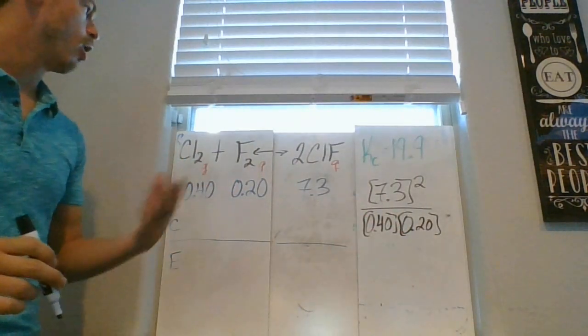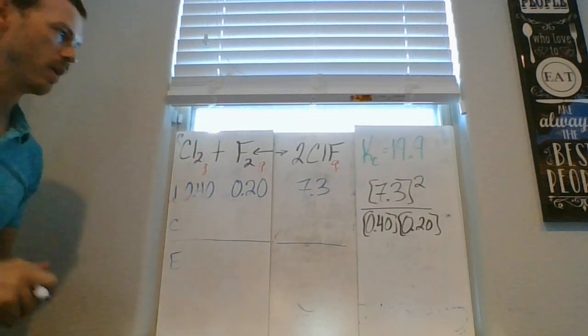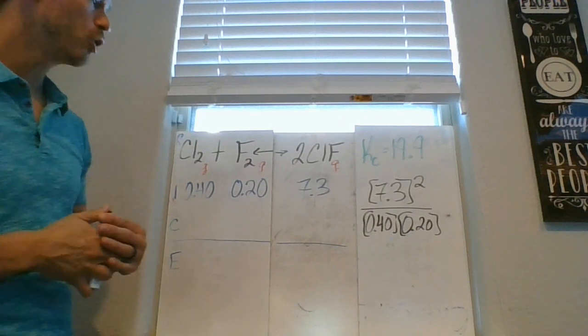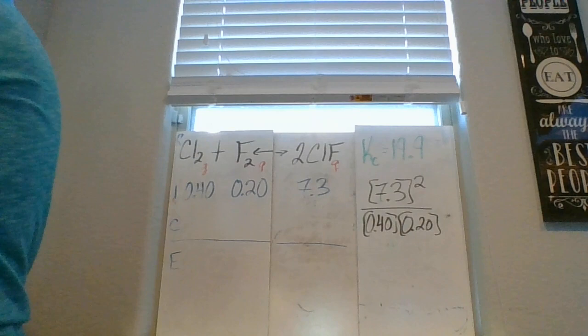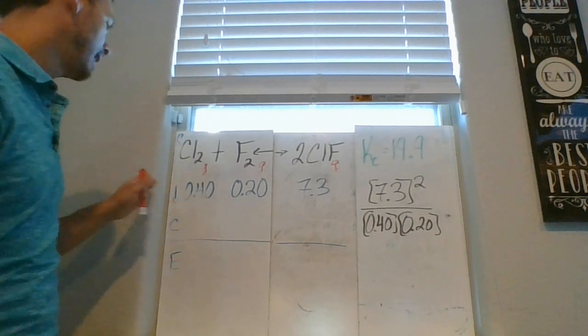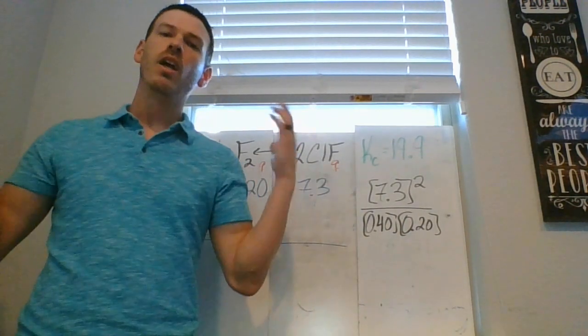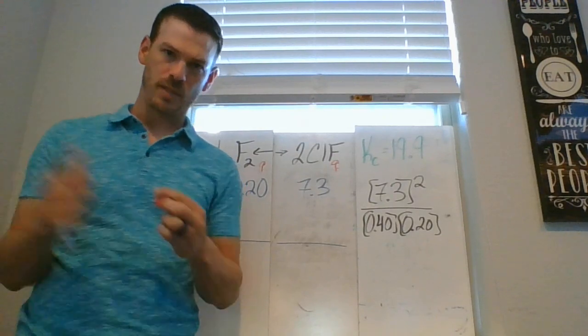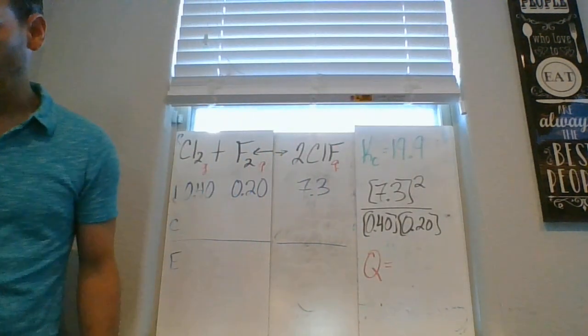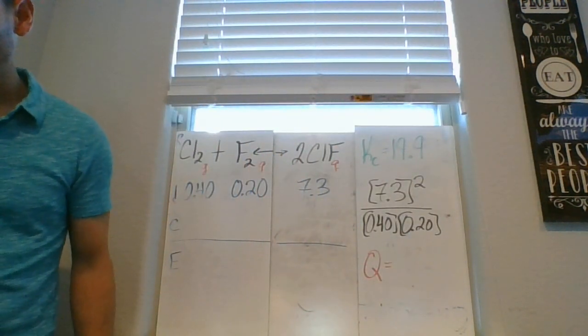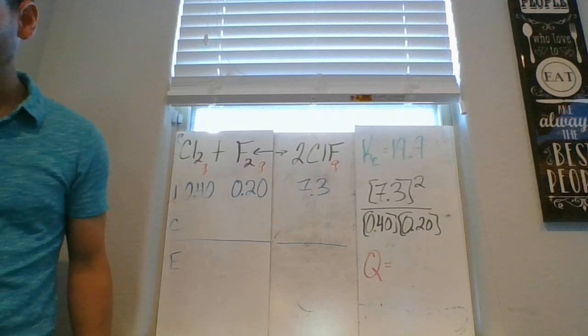Now, neither of them are raised to a power because they don't have coefficients. So if we run this expression, this is going to give us Q, because by running all the initial concentrations, because there are no zeros, that's where my Q value will come from. And it looks like we're going to get a Q value of roughly 670.